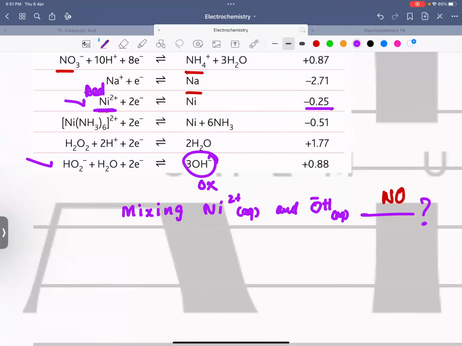Now, if you compare the values, you would find that where we are choosing that the reaction would go reduction has a smaller E naught value than the one which would have oxidation. So it means the reaction would not take place.